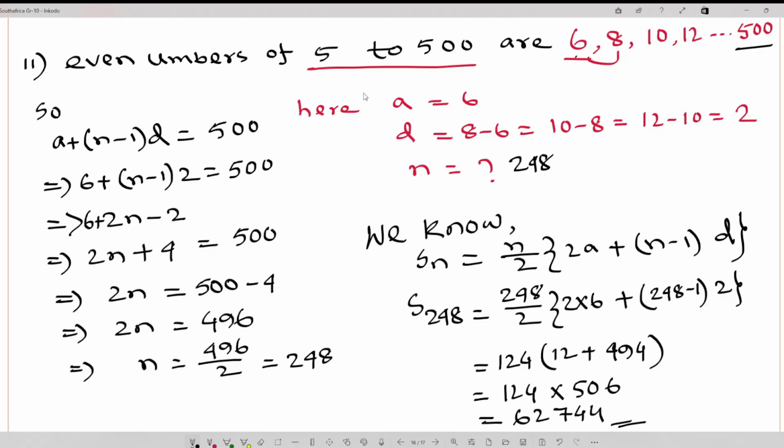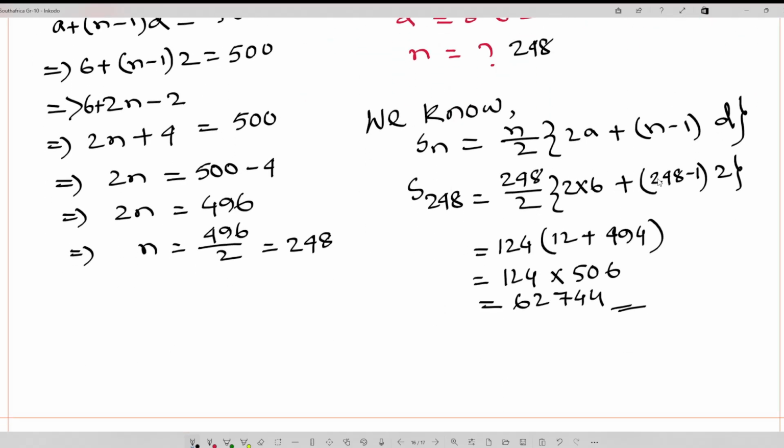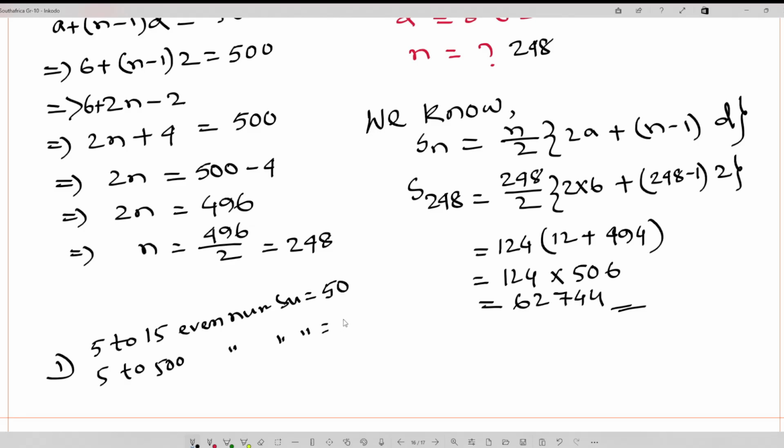It is a big answer. Our first answer, the sum of even numbers from 5 to 15, was 50, and the sum from 5 to 500 is 62,744.